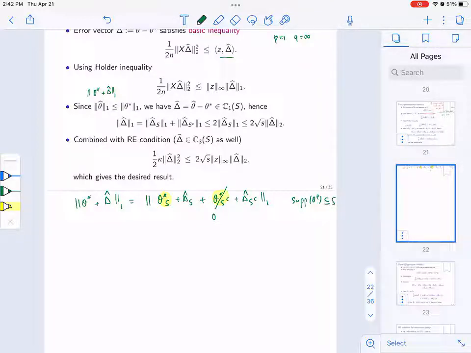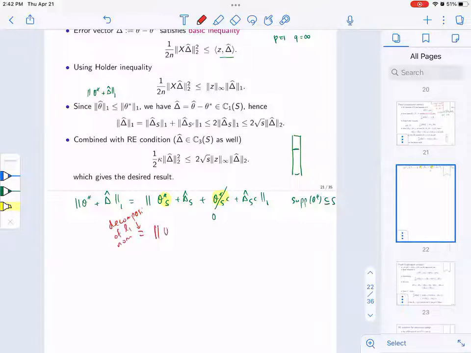Now we use the fact that the L1 norm is decomposable. If you have a vector, you partition it into two pieces, the L1 norm of the entire vector is the sum of the L1 norms of the two pieces. That's not true, for example, for the L2 norm. This is the so-called decomposability of the L1 norm.